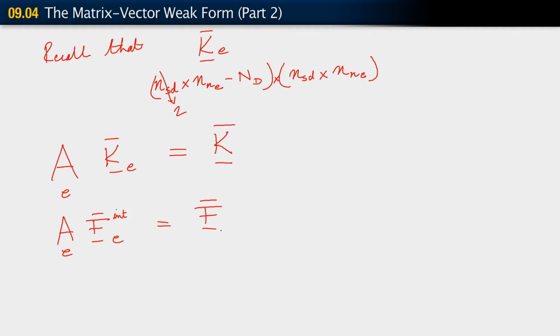And just add up the contributions. And in doing this, we may choose to say that E here runs only over the elements that have a boundary coinciding with the Neumann boundary, okay?